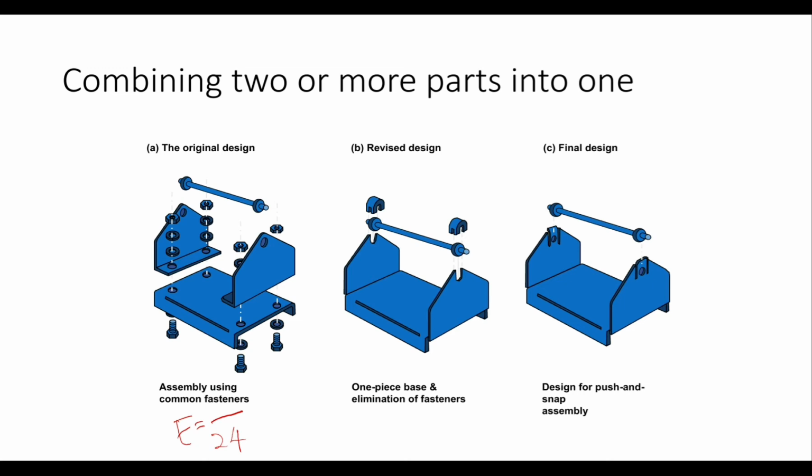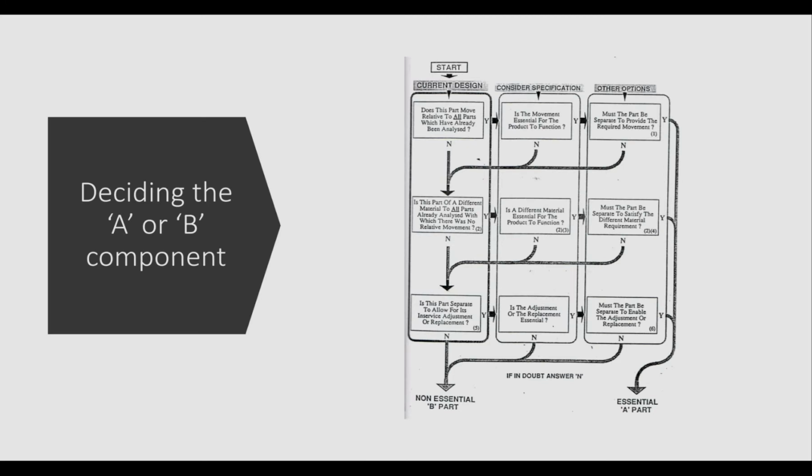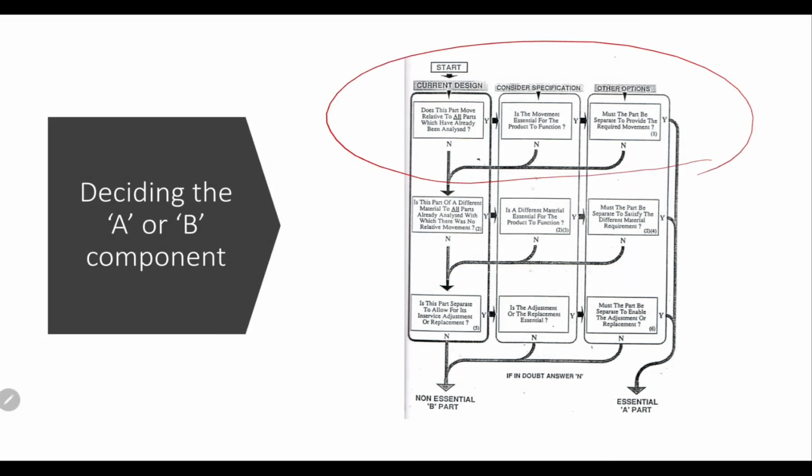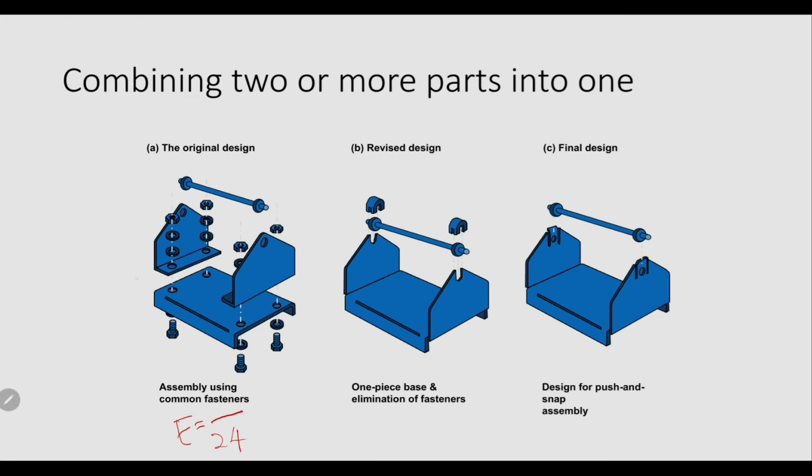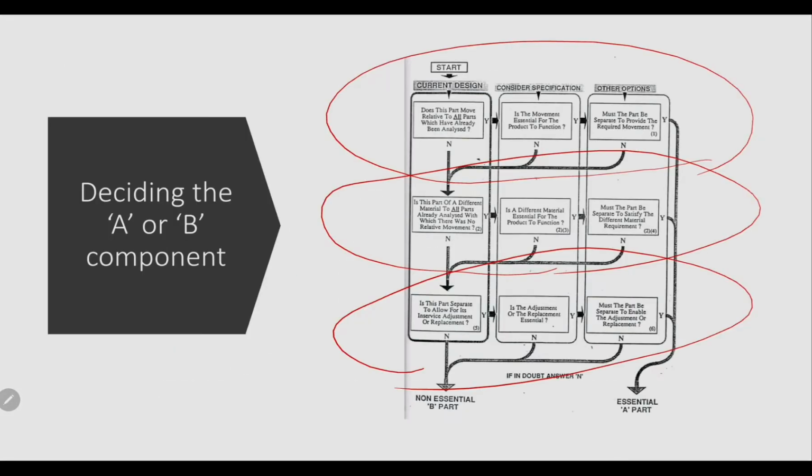How to identify that? We use this chart. In this chart, you can see there are three stages of questions: 1, 2, 3. Let's say we take the base, this base, and we try to answer these questions for the base.